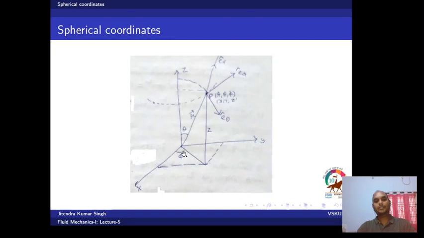Now we shall resolve this ON along the x direction and y direction. Since this is r sin theta and it is making angle phi with the x axis, along the x direction it will become r sin theta cos phi, and along the y direction we shall get r sin theta sin phi. So x is equal to r sin theta cos phi, y is equal to r sin theta sin phi, and z is equal to r cos theta.